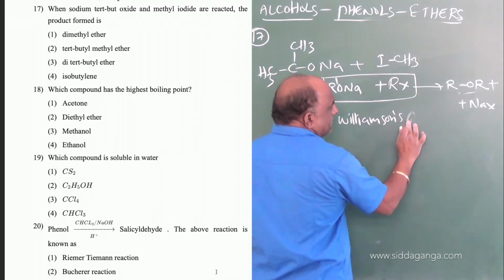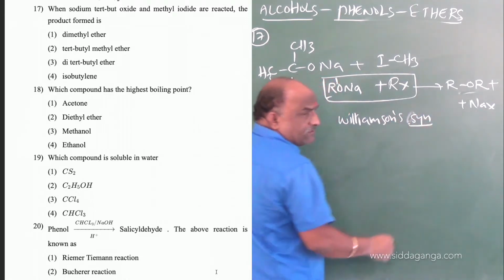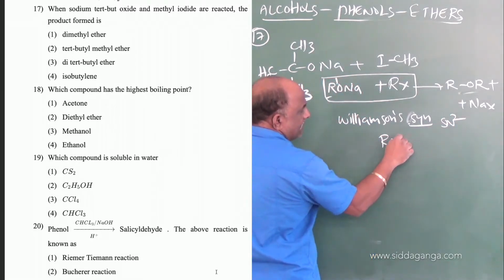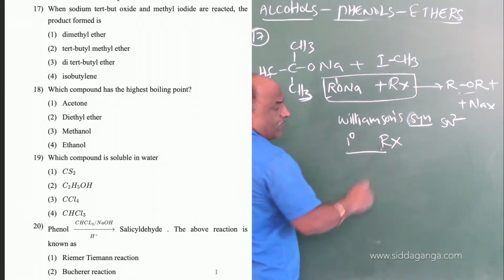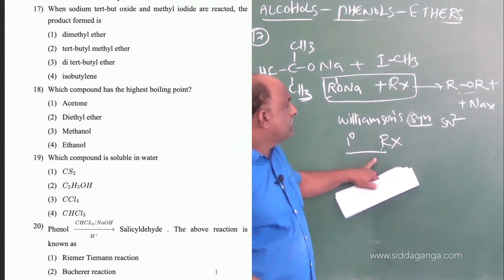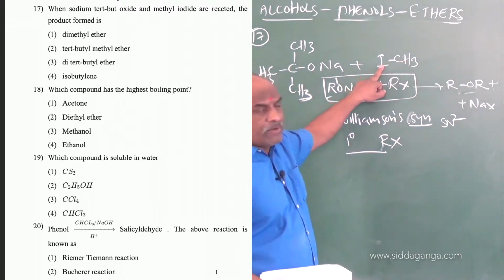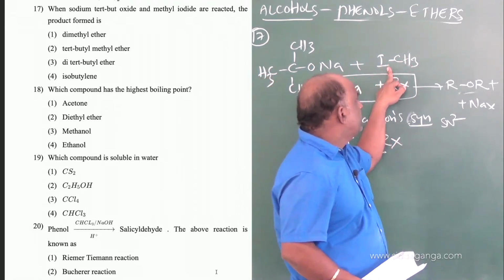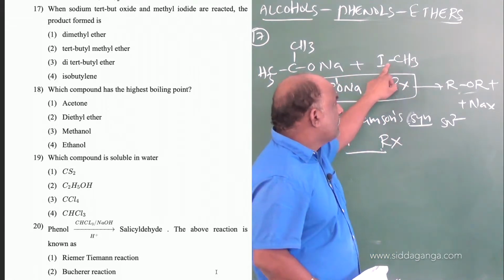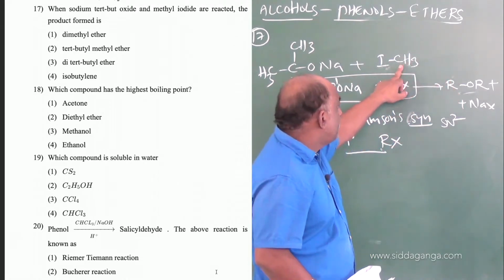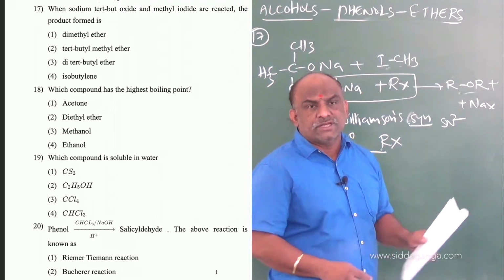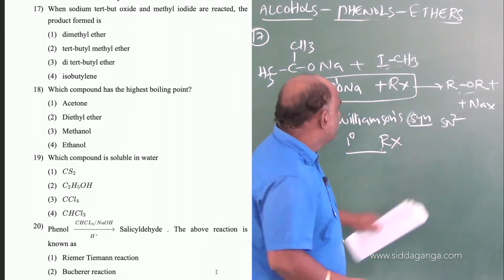This Williamson synthesis reaction follows the SN2 mechanism. Which type of alkyl halide do we require? A primary alkyl halide. Here it is a primary alkyl halide, so formation of ether takes place. If the alkyl halide is tertiary, then elimination takes place and an alkene is formed. So what will be the answer?